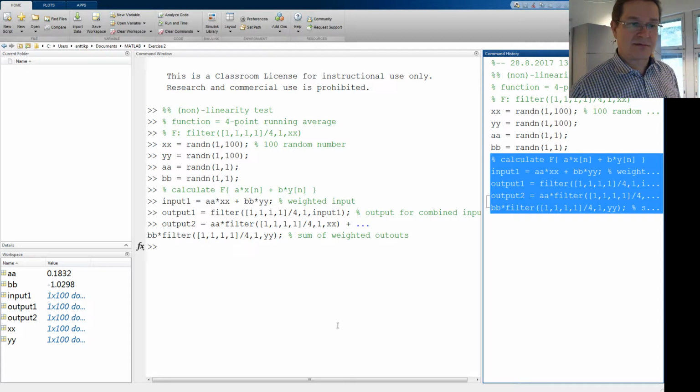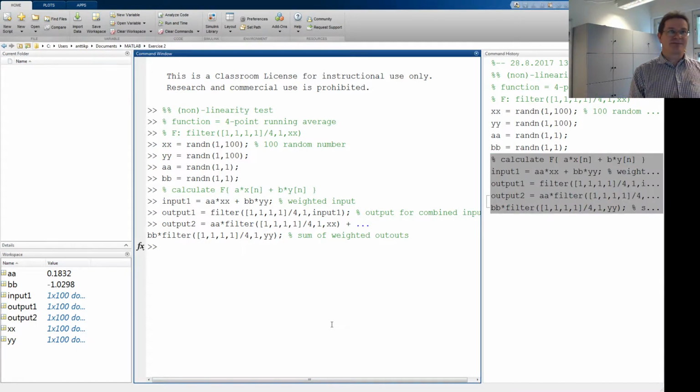But anyways, I do it this way. And yes, you could also do this function separately as a MATLAB function. If you like to do it that way, go ahead.